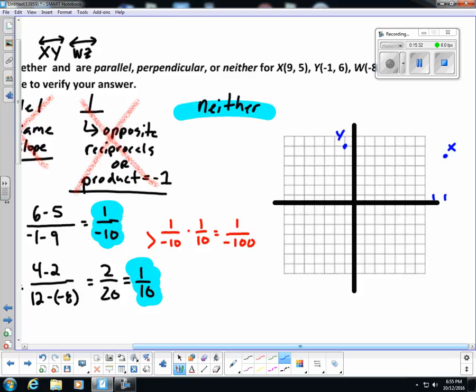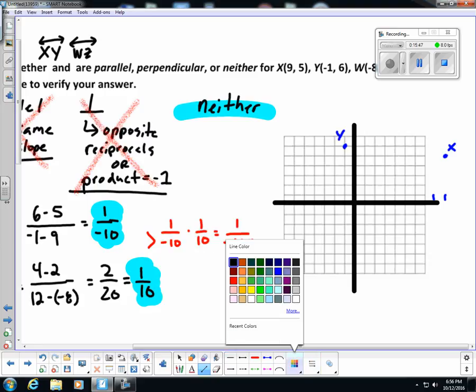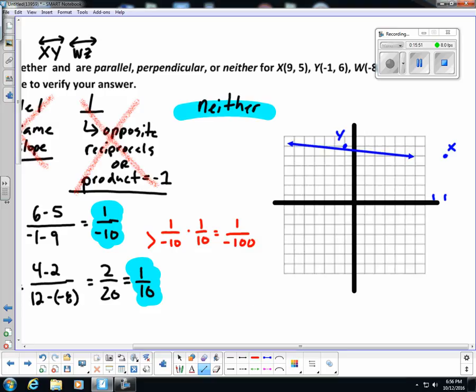There's Y. I'm going to connect those dots. Best I can. There we go. Straight line. Use a straight edge.